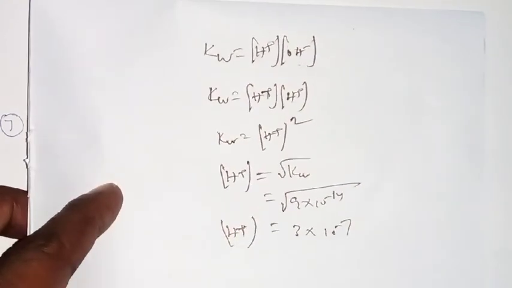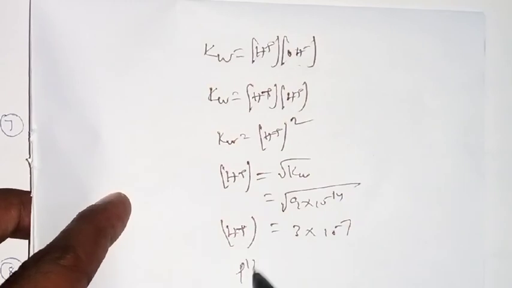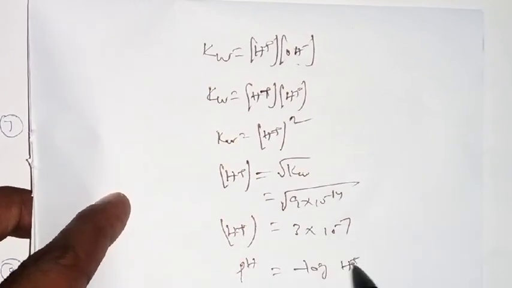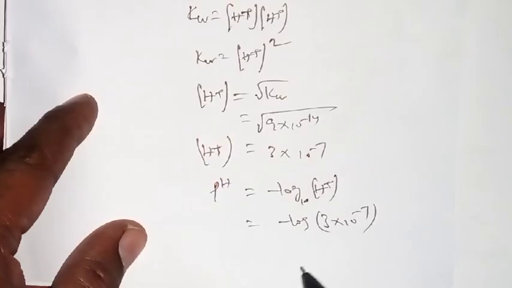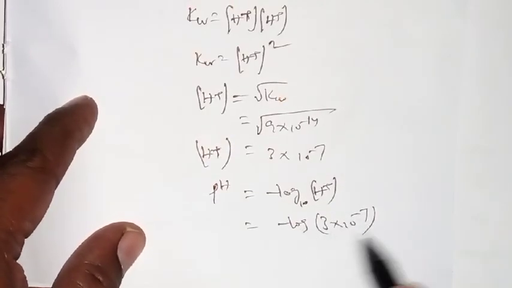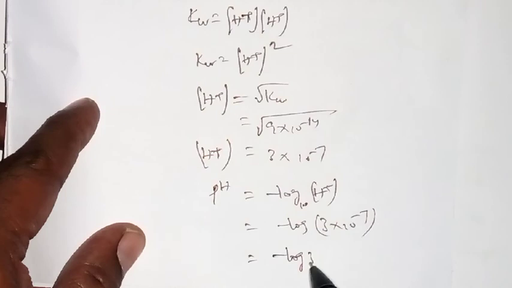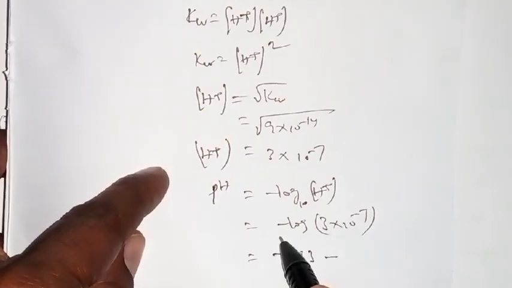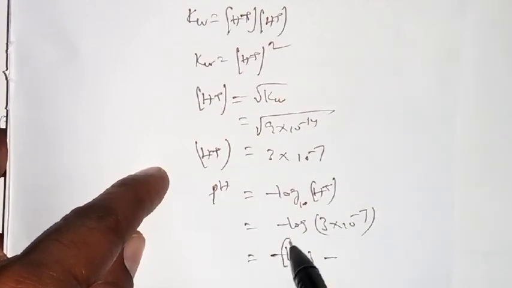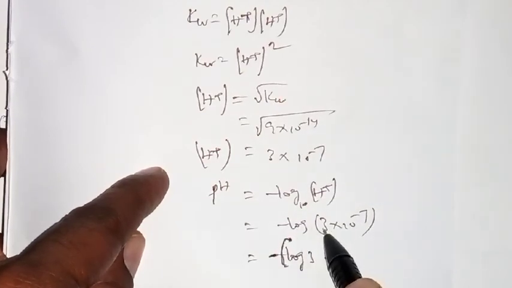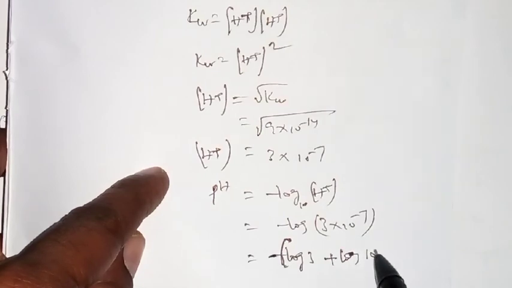Is it okay? Now we require the pH value. So pH equals minus log H plus to the base 10. So minus log 3 into 10 power minus 7. This is nothing but the log AB formula. Keep the minus outside: log of A into B equals log A plus log B. So log B is nothing but 10 power minus 7.